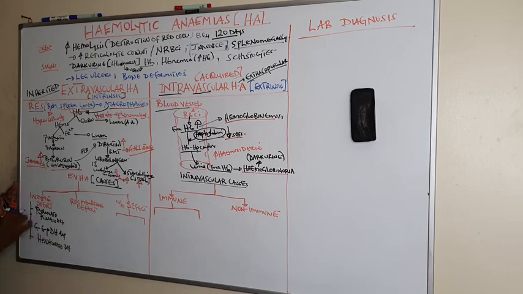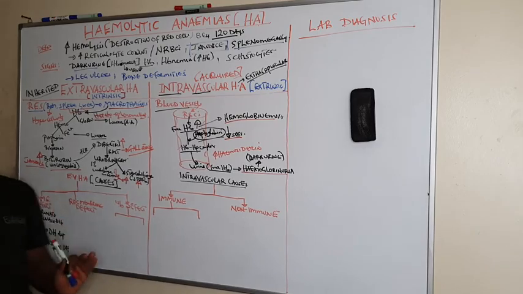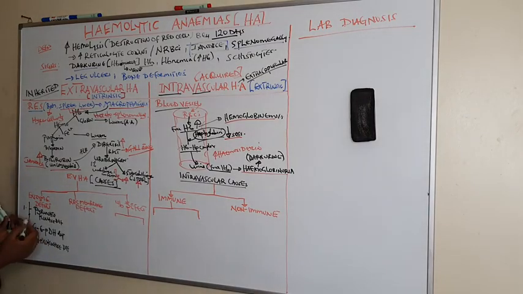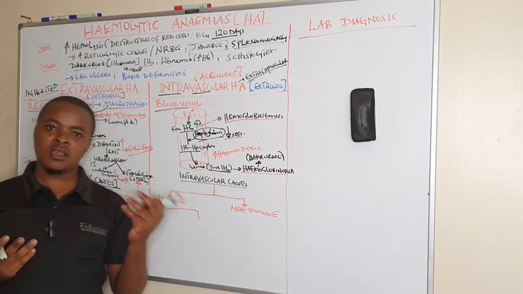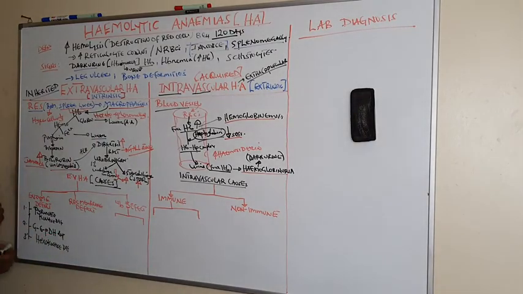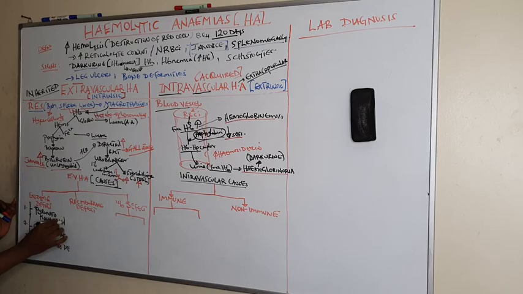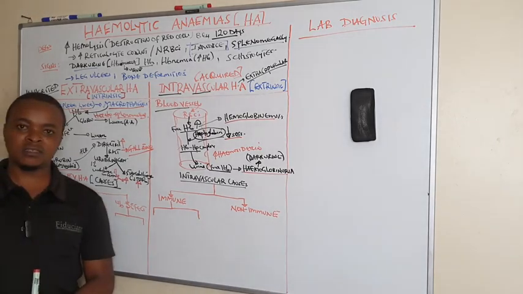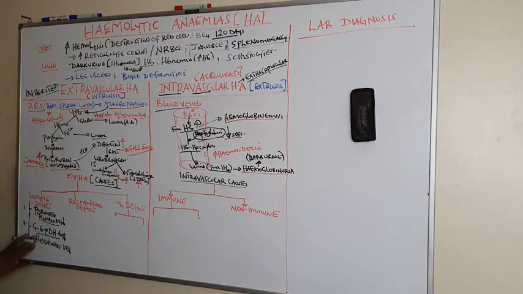So these are three causes of enzymopathies: if these enzymes, which are involved in glycolysis and the hexose monophosphate shunt, are low, it brings about increased hemolysis of red cells, and we shall see how we can diagnose these different ones in the lab.